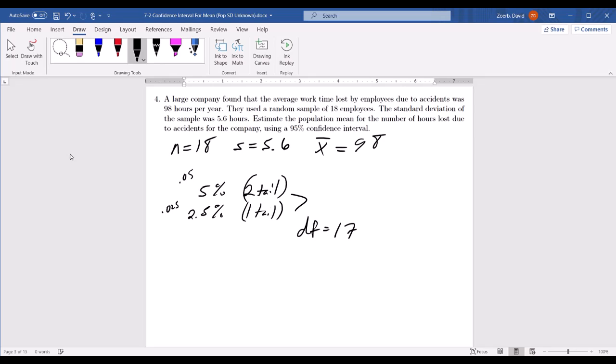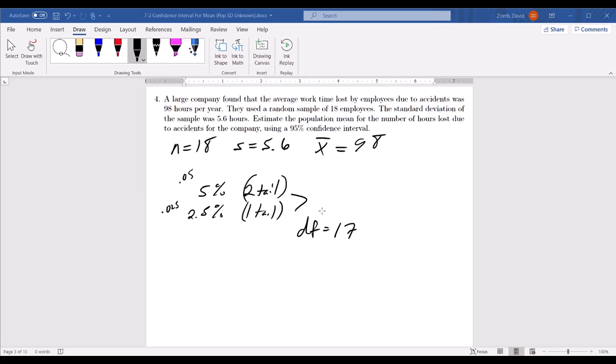I'll crosshair either of those with degrees of freedom being 17. So 17 and 5% two-tail. So 5% two-tail, and be careful. You look at this last one, that's not 5%, that's actually 50%. So 5% two-tail is the first, second, third column.